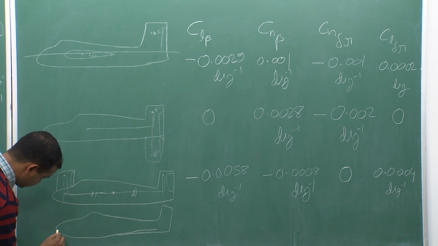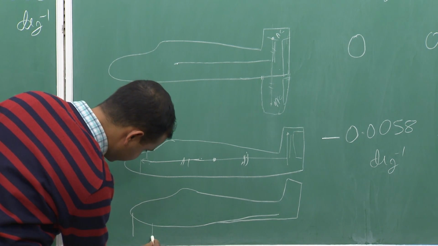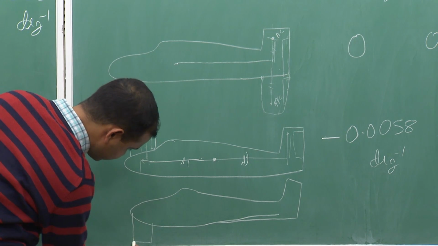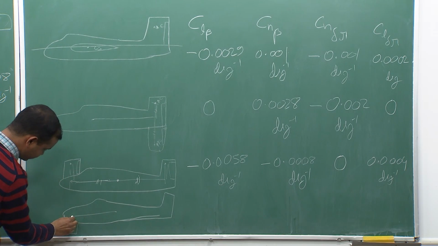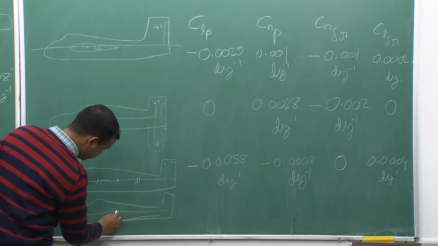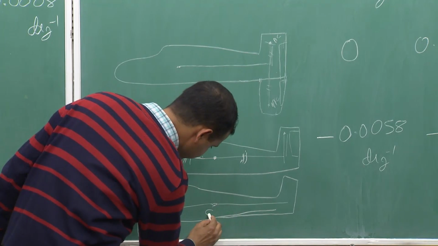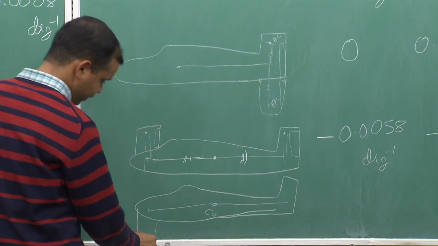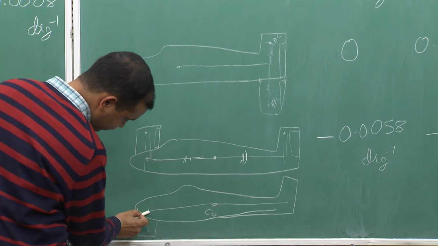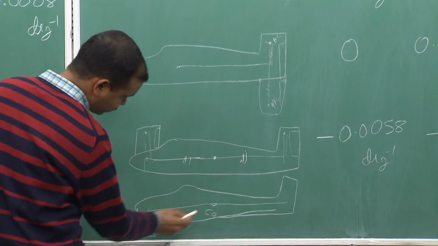And the last part of this question is, now the designer has installed one vertical surface here, and the moment arm for this and the moment arm for this tail are similar, and the rolling moment arm is also the same.